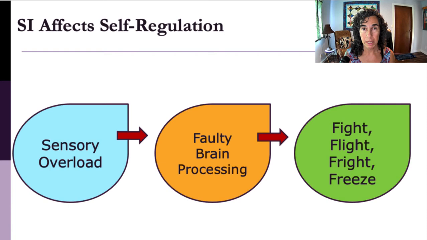We go into emergency mode. Now we know that there's also a fright response or a freeze response, so deer in the headlights. So part 2 of sensory integration and its importance is that it affects our self-regulation. In other words, our ability to be alert enough and also calm and organized enough to respond to events in our daily life. As I said, we'll go over it in much more detail, but that's just a little preview.